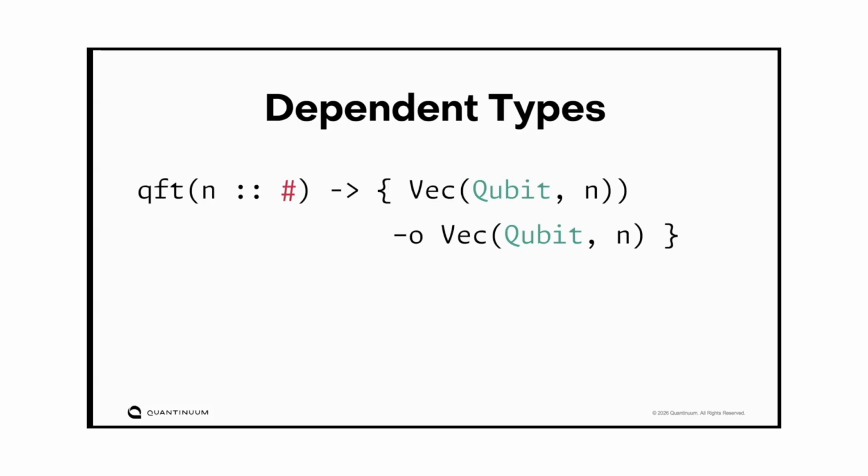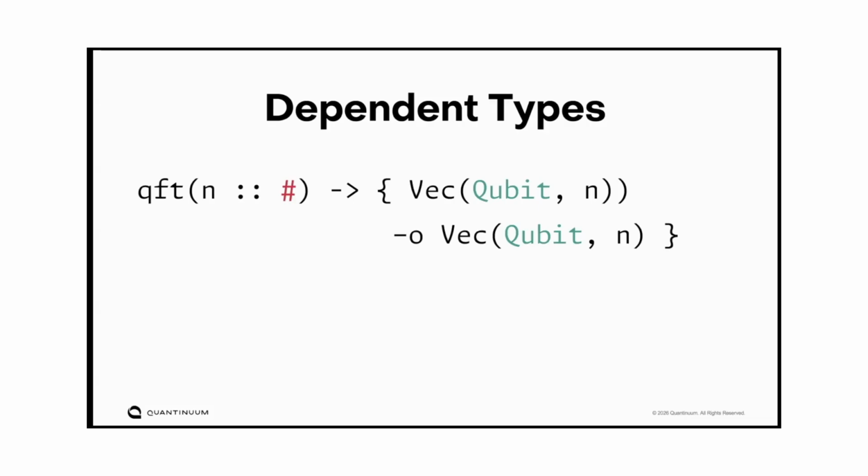Yes. So for example, here you see this QFT function takes as input a number. Here this hash symbol is the kind of type level numbers. So it could be like 0 or a successor or something. And then what we return is again a classical func, but now this n, this input value, actually occurs in the type here.